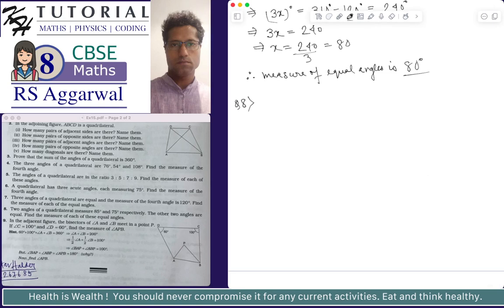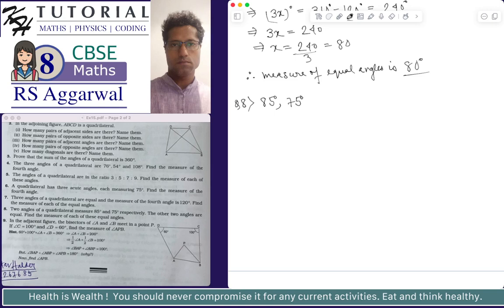Question number 8 says two angles of a quadrilateral measure 85 degrees and 75 degrees respectively. The other two angles are equal. Find the measure of each of these equal angles. Okay, so two angles are given to be 85 degrees and 75 degrees.